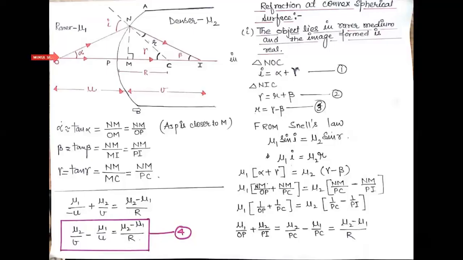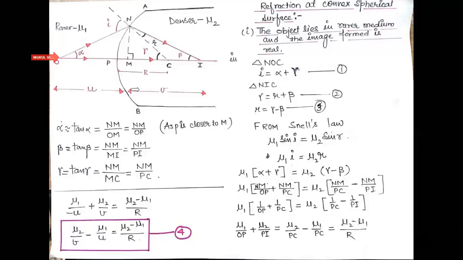Now in this triangle NCI, gamma is also an external angle, and it is the sum of the two internal angles. So gamma equals r plus beta. Ultimately, you need to find the value of r, that is gamma minus beta. We have the values of i and r.